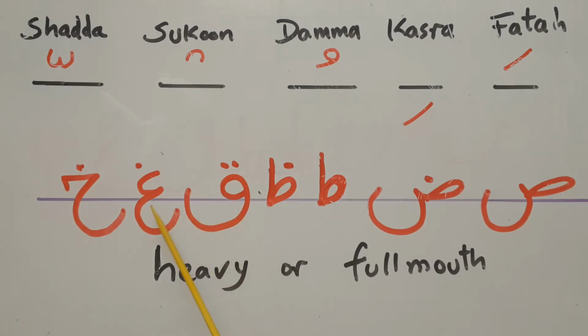Okay, and then ghain. This is in the throat, top of the throat. Ghain. Okay, and then you have a kha. Okay, so these are your heavy or full mouth letters.